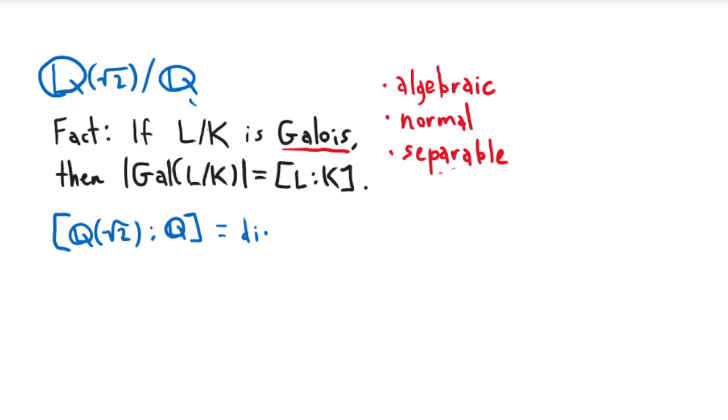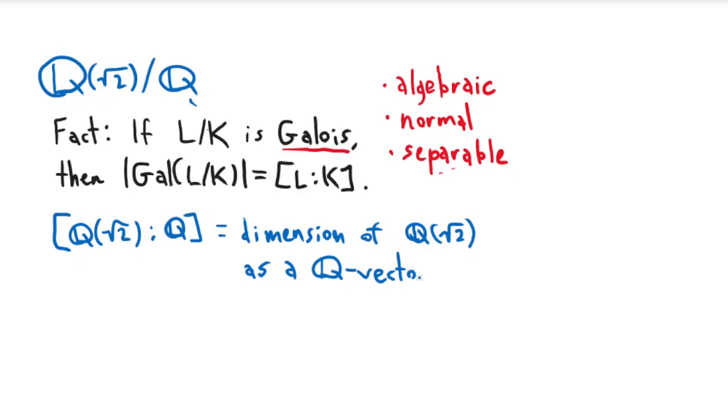Well, it's the dimension of Q adjoin square root of 2 as a Q vector space. And so I was talking about that a little bit in the previous video, that what this field really is, it's kind of like the span of two numbers.